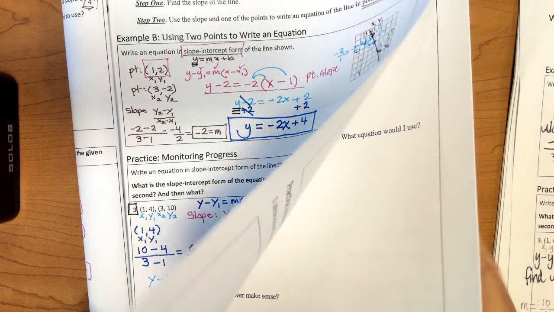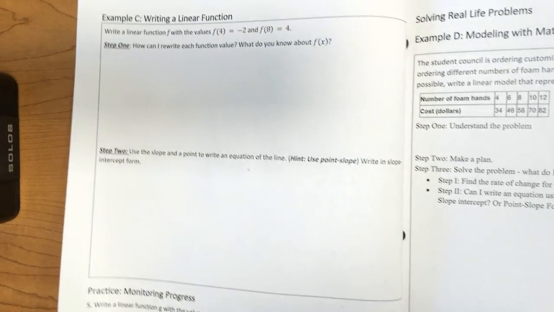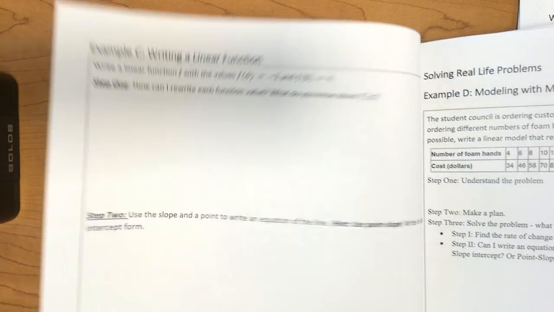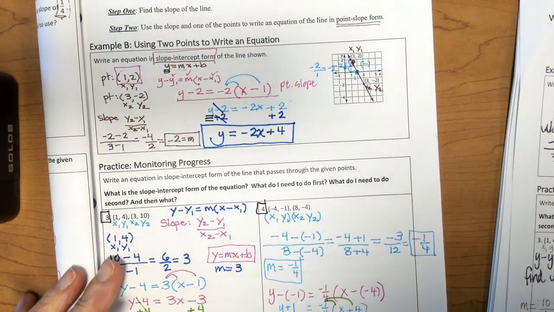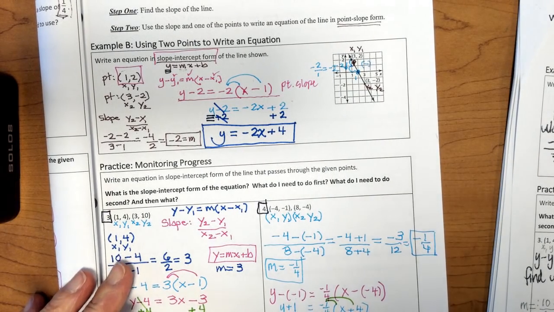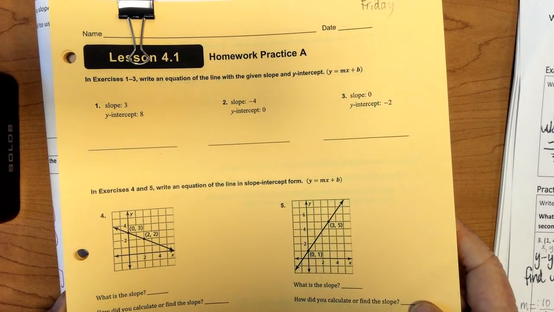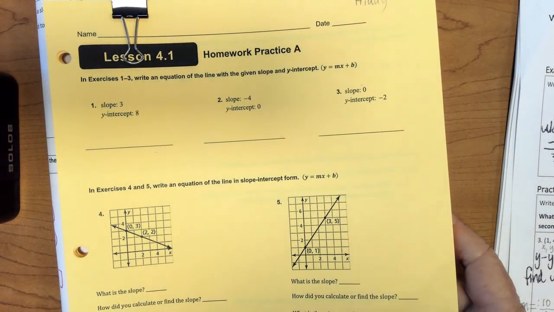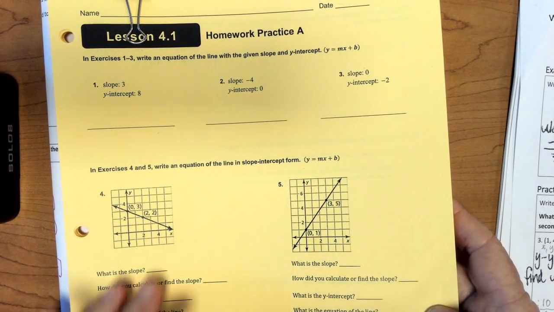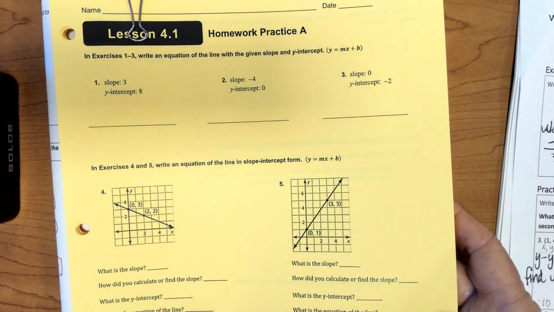And notice we still have more work to do, but we're going to do example C tomorrow in class. So now is the time to go in, and what do you have for homework? You have lesson 4-1. So I'd like you to do all of this page. There's nothing from 4-2 on here.